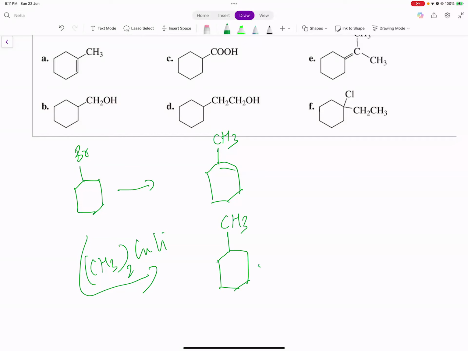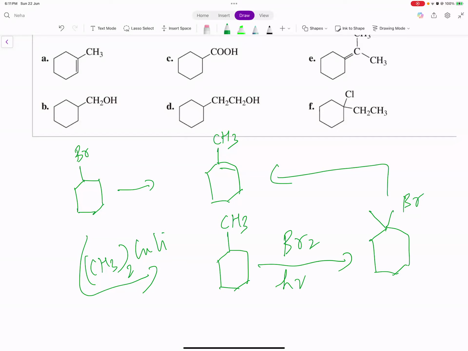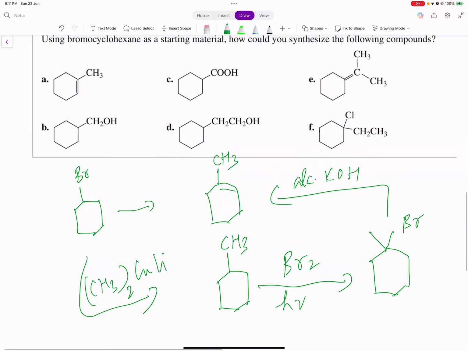Then we can put H, then we can do this, and we'll get this. Then just reduce, and then I can do alcoholic OH. There is one way.